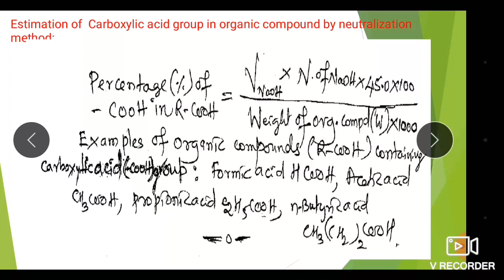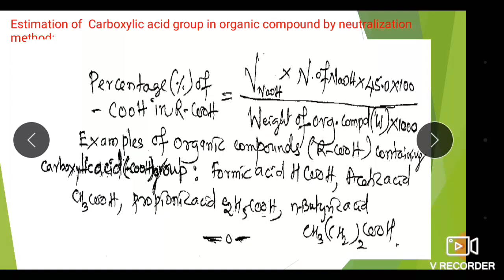The percentage of COOH in our organic compound is calculated by the formula: percentage of COOH in the organic compound is equal to V, the burette reading of NaOH, into normality of NaOH into 45, that is the molecular weight of the carboxylic acid group, into 100, divided by the weight of organic compound W into 1000.